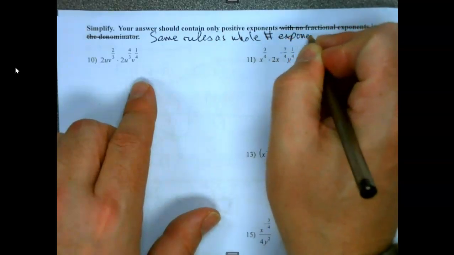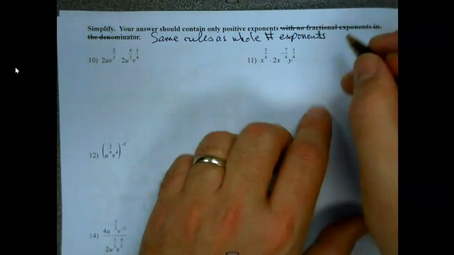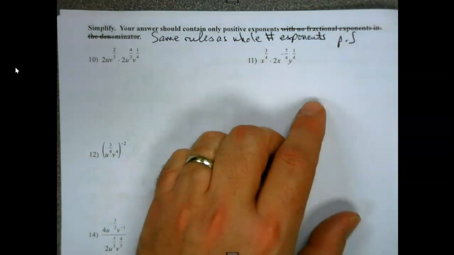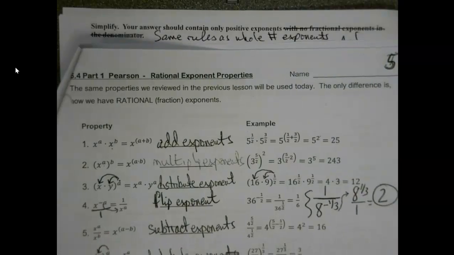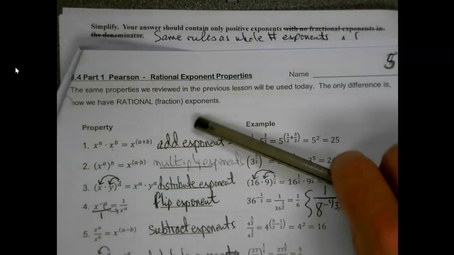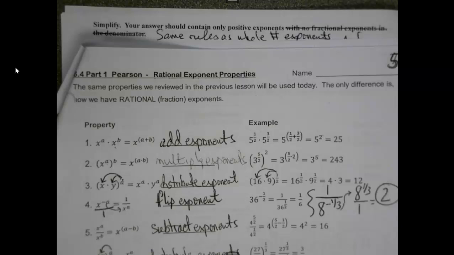So those rules we were looking on page 1 of your notes, if you want the actual rational exponents, they're on page 5 of your notes. But the rules aren't different, and you have examples to work with. So if we need that extra little bit of help, that's okay.